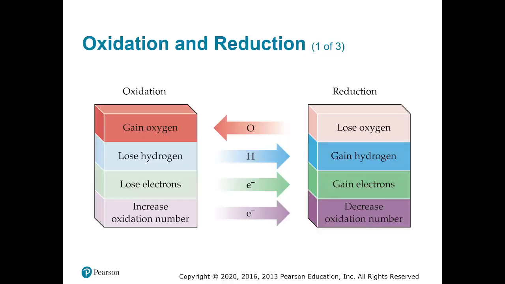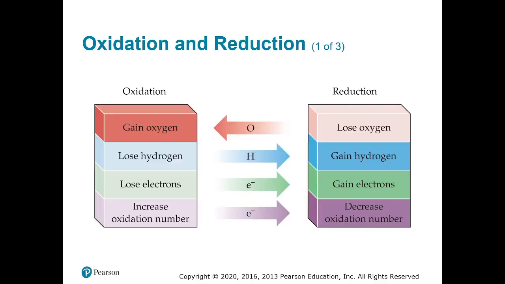Okay, so this right here is a nice summary of your oxidation and reduction. When you have an oxidation, typical guidelines that guide you and say, hey, an oxidation occurred here, is that you gain an oxygen.